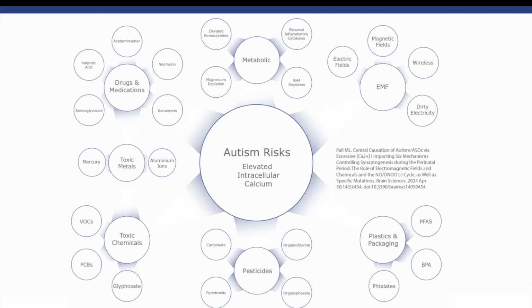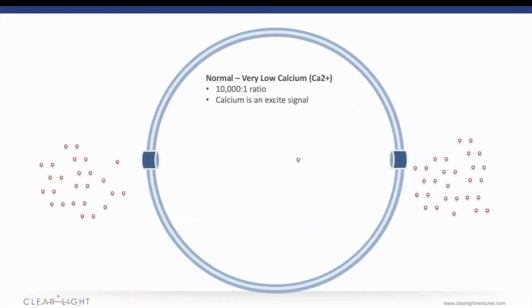So let's talk a little bit more about the mechanisms. Let's pretend this is a very simplified model. This is a cell. Actually, even better, pretend this is a neuron. Normally we have a ratio of 10,000 to 1 calcium ions on the outside versus the inside. This is the largest ion gradient in the body. So it's almost like a dark room. The inside of the cell doesn't have a lot of calcium.